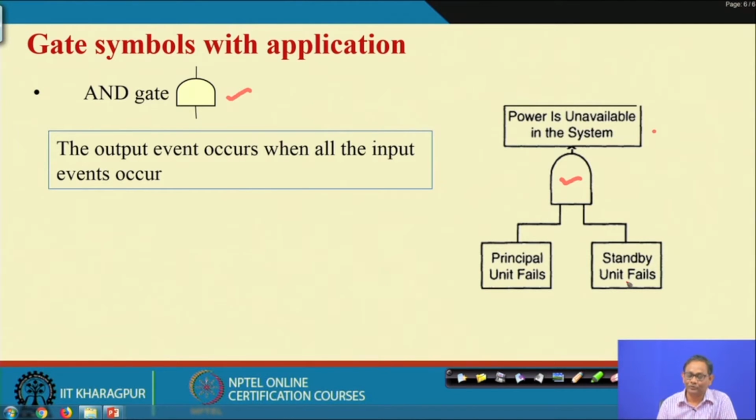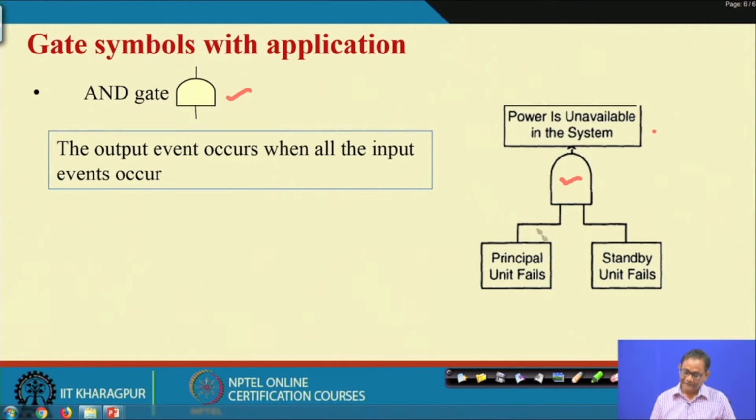Think of two units where the principal unit is there, and a standby generator is also there. Now, when the principal unit fails and there is no electricity in the system, the standby unit will work automatically with the help of a switch controller. Now, the situation is that the principal unit fails and the standby unit also fails.